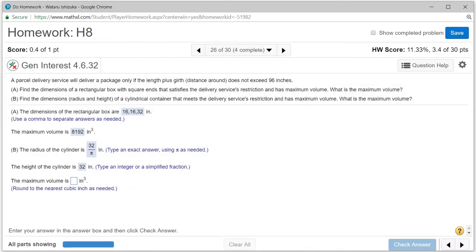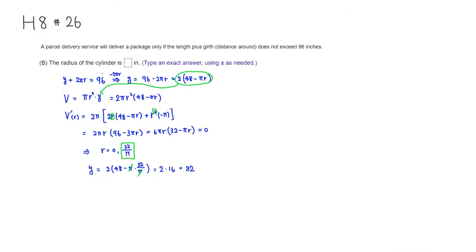And then we want to find the maximum volume, and we want to round it to the nearest cubic inch. So the volume is going to be pi r squared, where r is 32 over pi, squared, times 32.